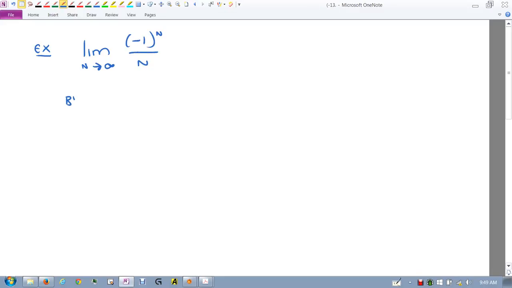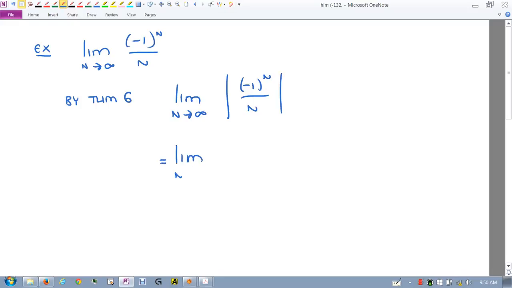By theorem 6, I'm going to take the limit as n goes to infinity of the absolute value of that, and that equals the limit as n goes to infinity of just 1 over n. Now, why can I turn the -1 to the n into a 1? Because no matter what it turns out to be, I'm going to take the absolute value, and the absolute value of 1 or -1 is 1. So the top is just going to become 1.